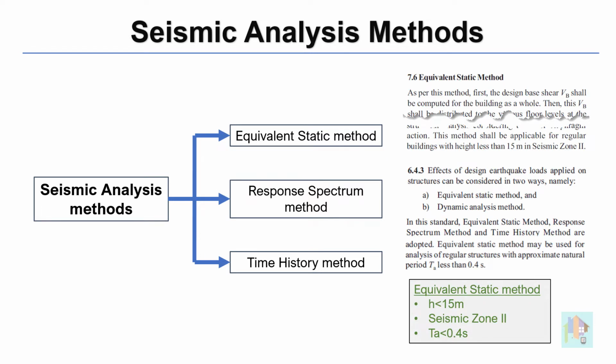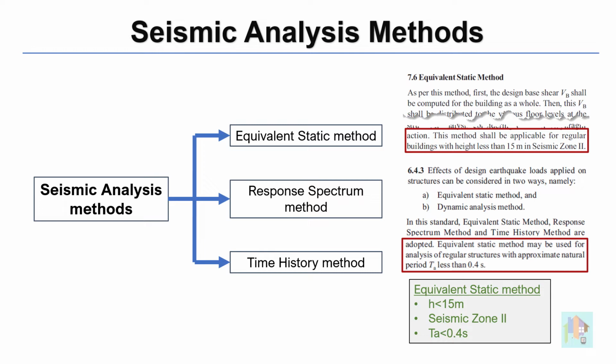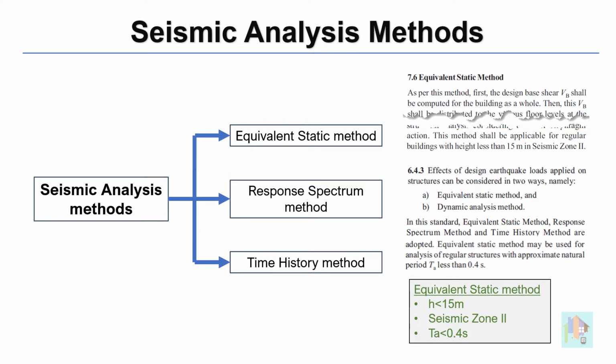If a structure is regular with height less than 15 meter in seismic zone 2 and natural period is less than 0.4 second as defined under clause 7.6 and 6.4.3, then only we can use equivalent static method, which is the easiest one and a bit approximate. Else, we need to go for dynamic analysis.